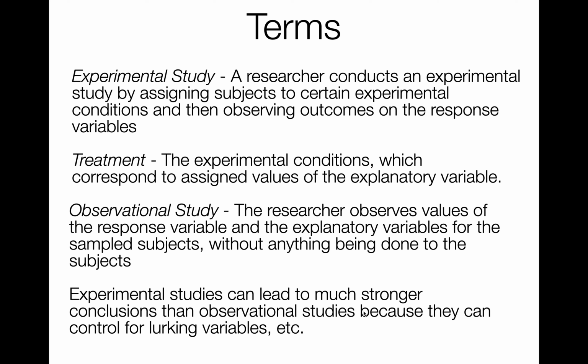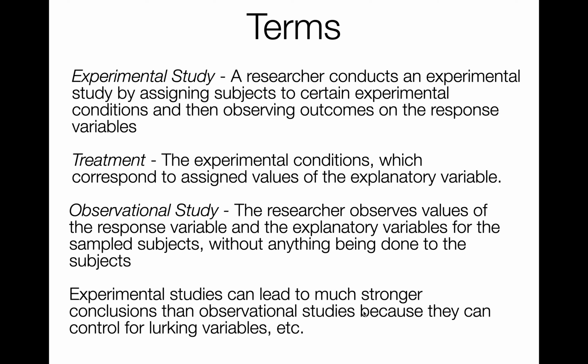Okay, so experimental studies, the first thing that we've talked about, can lead to much stronger conclusions than observational studies, and the reason for that is because you can control for what I talked about in the last lecture as lurking variables and other things. So I can think a lot about how I want to put these people in groups and do something to them.